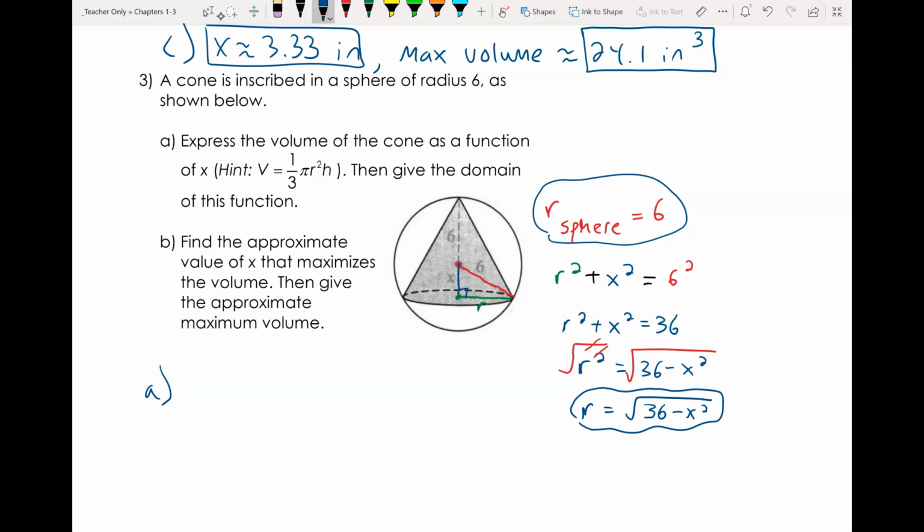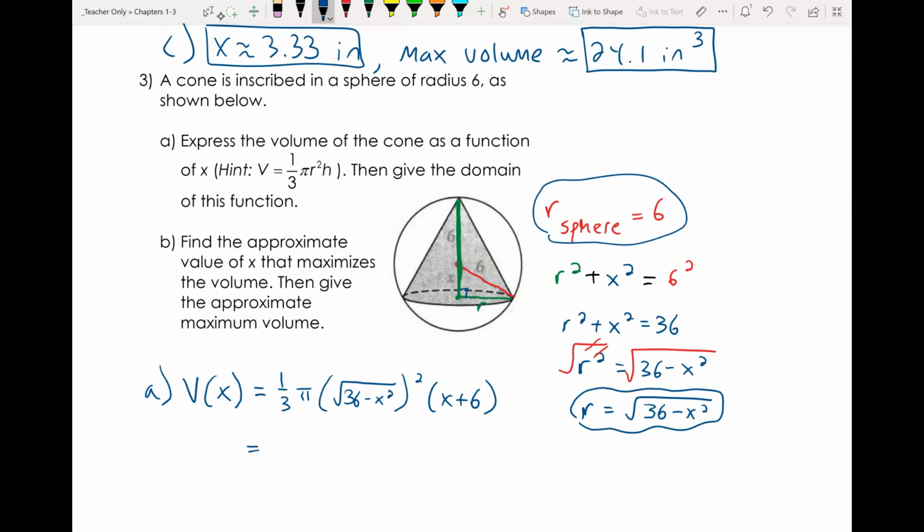So using this volume formula, the volume as a function of x is 1/3 pi r squared. Remember, we're doing the volume of the cone. So the radius of the cone is the square root of 36 minus x squared, right, pi r squared, times h. The height of the entire cone, here in green, is x plus 6.